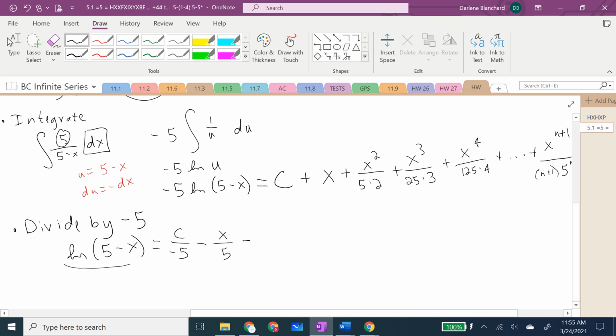And again, I'm dividing by 5 now, so I'm going to write a bunch of minuses. And then divided by 5, divided by 5.